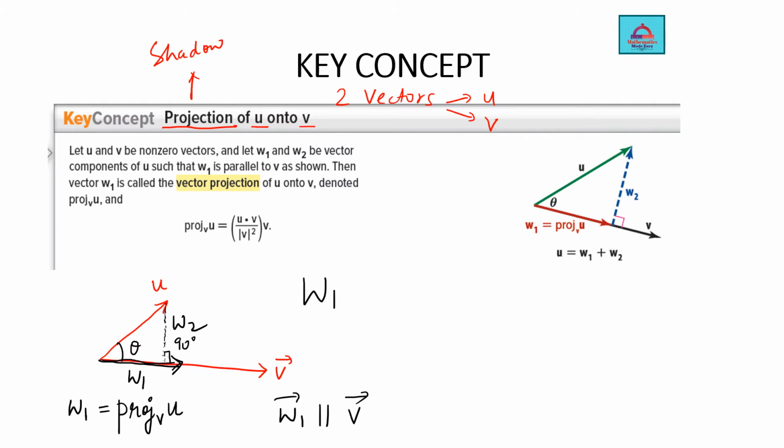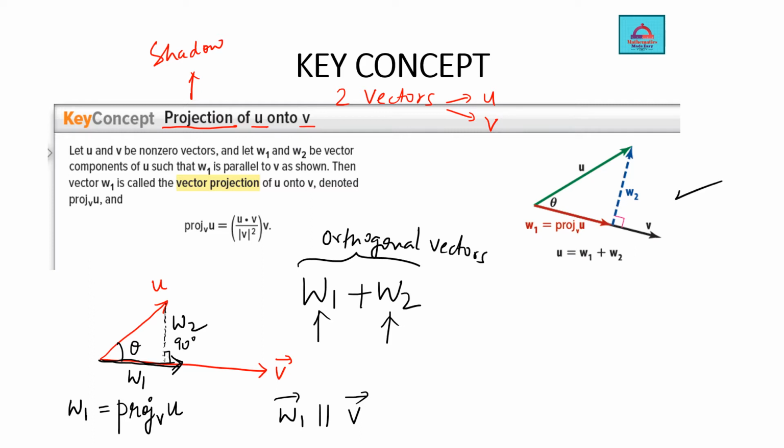So w1 plus w2. These are the two vectors you are going to project, and w1 is the one which is parallel to v and w2 is the one which is perpendicular. So w1 and w2 together are orthogonal vectors. Very, very important. So now I hope you've understood that figure.